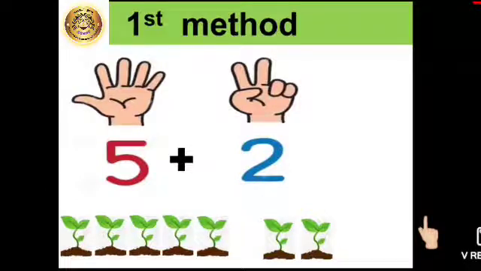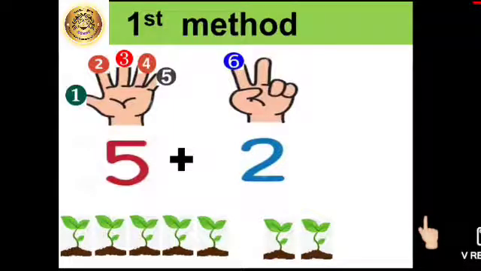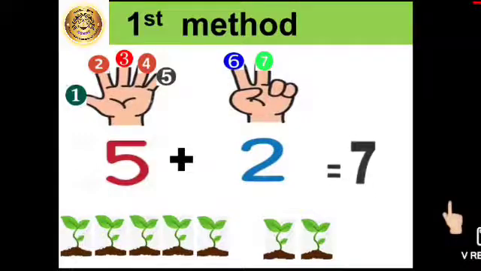Now let's count: 1, 2, 3, 4, 5, then 6, 7. The last number which we got here, that is 7, means 5 plus 2 is equal to 7. In this way we are adding two numbers.